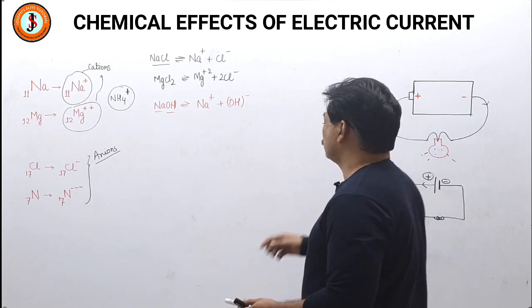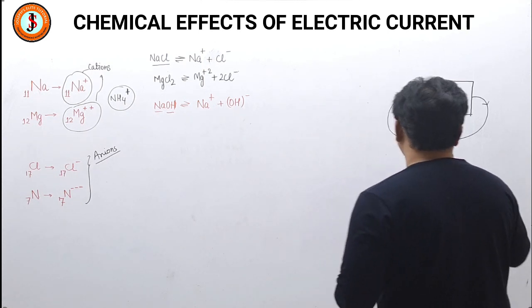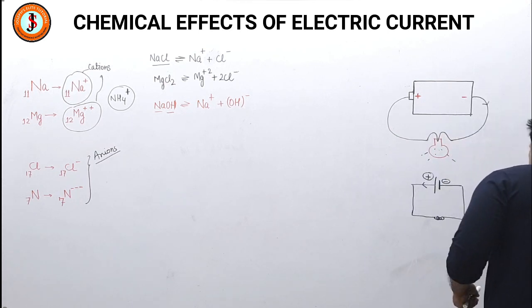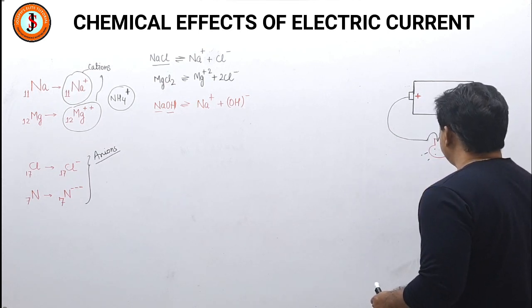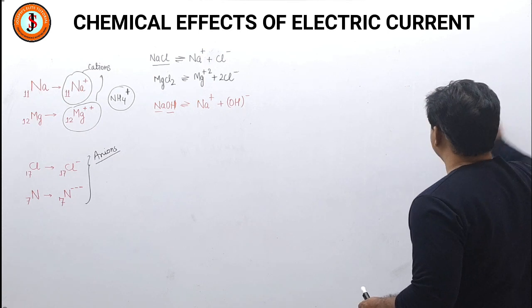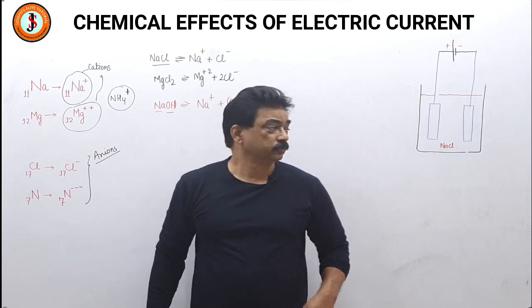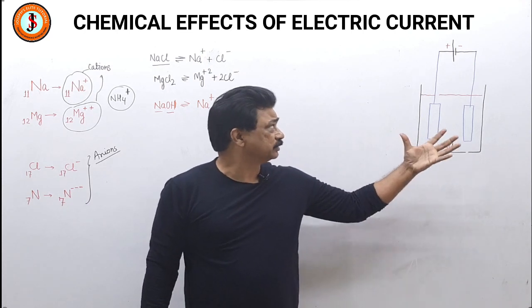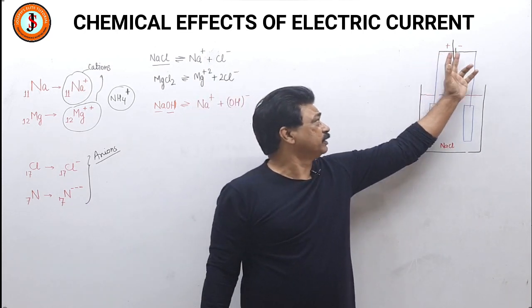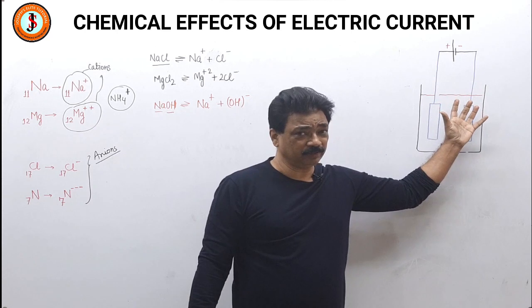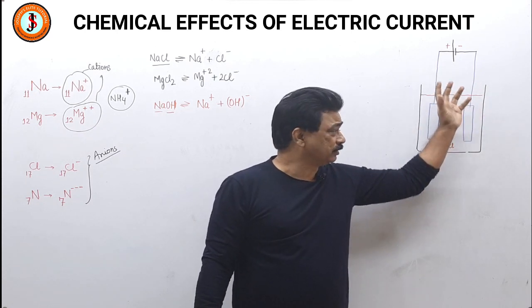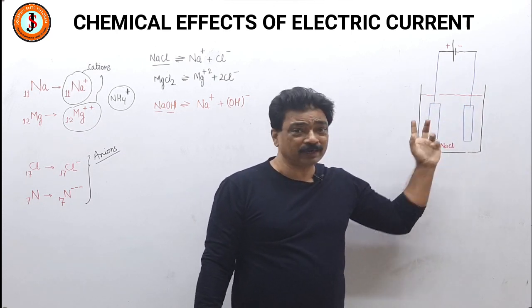Now suppose I see over here, I take up a cell. Children, this is a system in which there are positive and negative terminals of a battery connected to a conductor, and then the conductors are connected to some conducting plates.